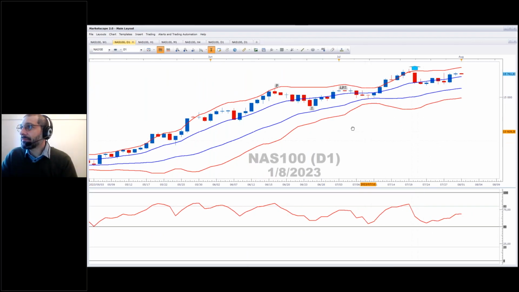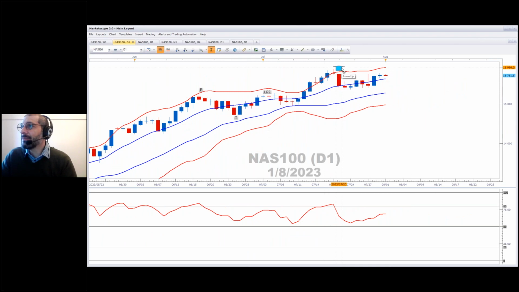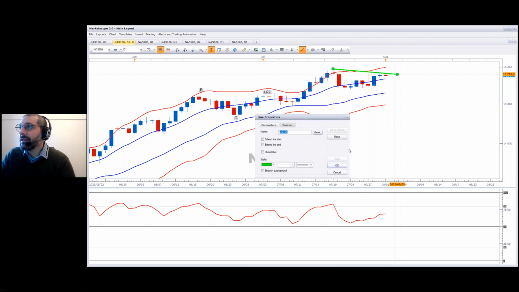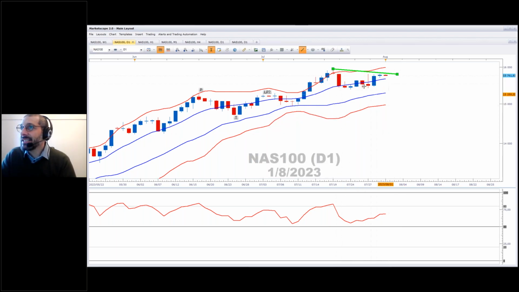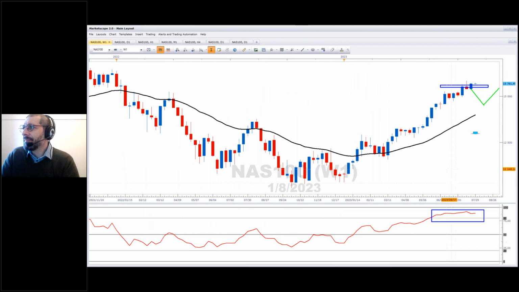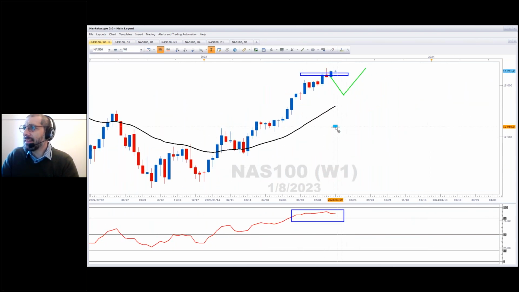And you can see that in terms of the NASDAQ, it has made that lower peak. So potentially some movement out of NASDAQ, finding its way into the safe haven dollar.